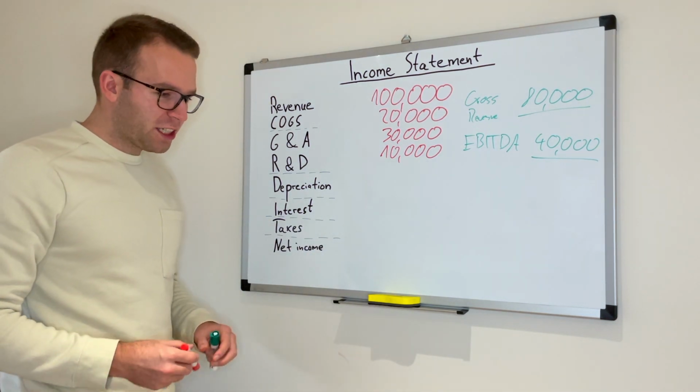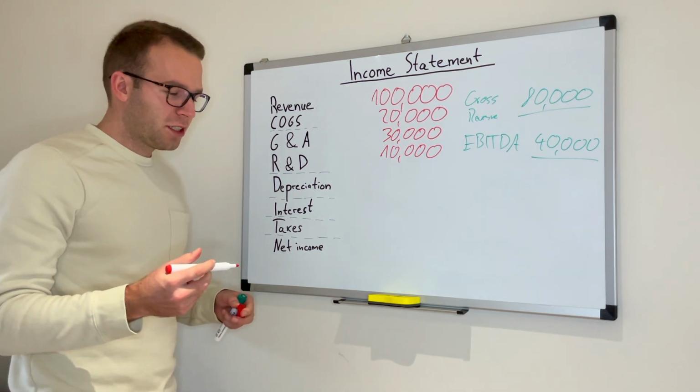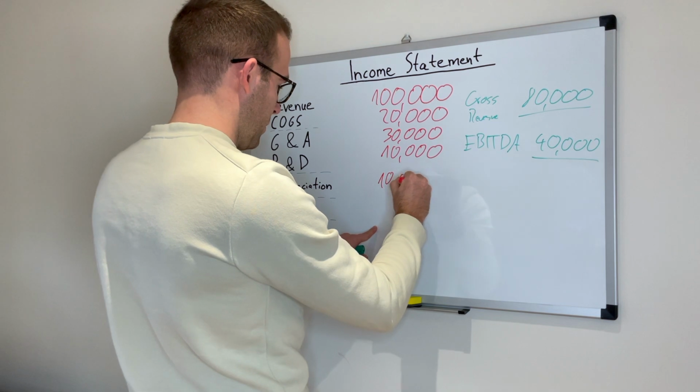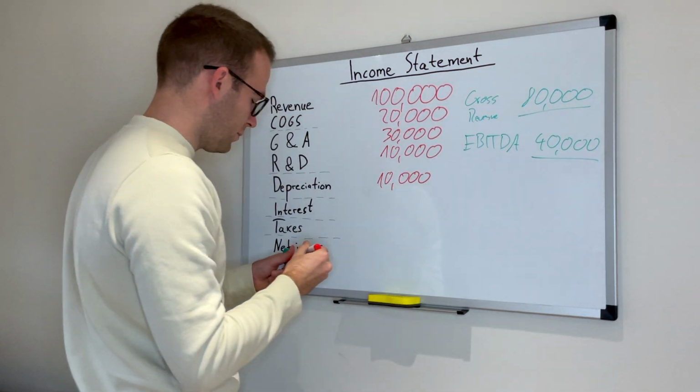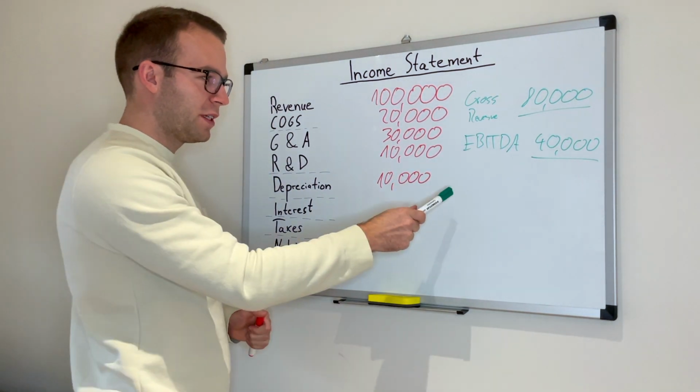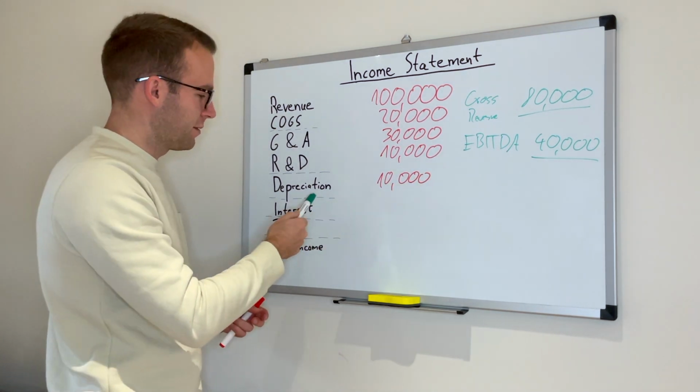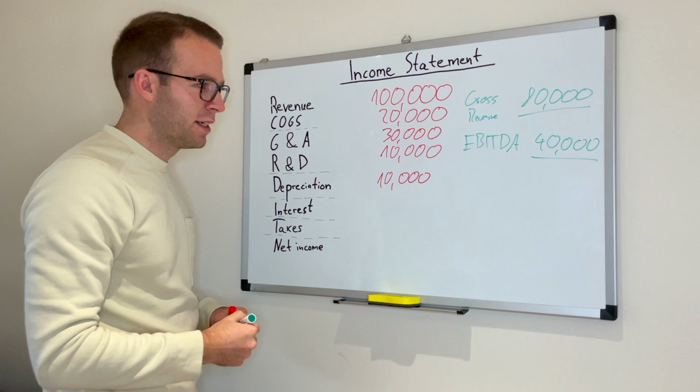Now our depreciation and amortization was 10,000. Now we subtracted the depreciation and amortization, in this case I just named it depreciation.